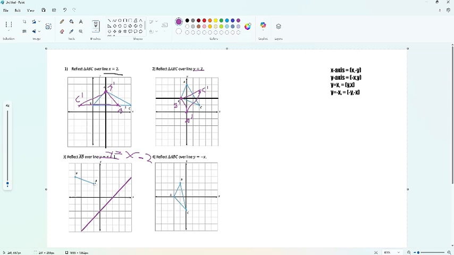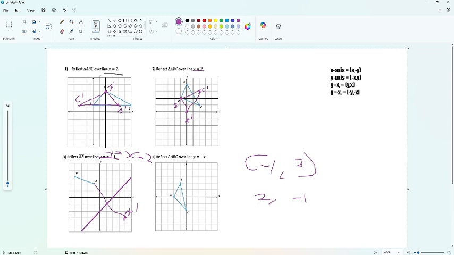Okay, so it'll be, let's see, 3.5. No, 4. So 4 from there, so 4 here. So A prime here. Yep. Okay, so negative 1, 2. So since x is 2 and negative 1.